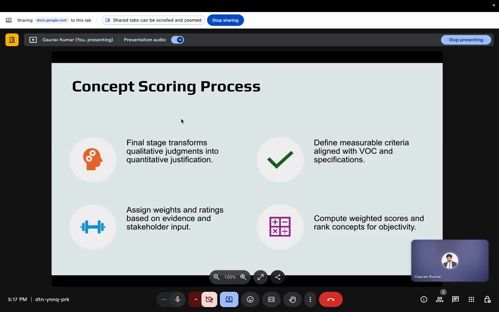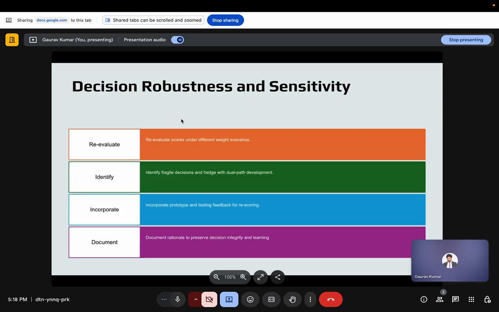So through this process, design makes the transition from subjective performance to evidence-based selection, ensuring transparency, repeatability, and technical defensibility. Okay, next is decision robustness and sensitivity.